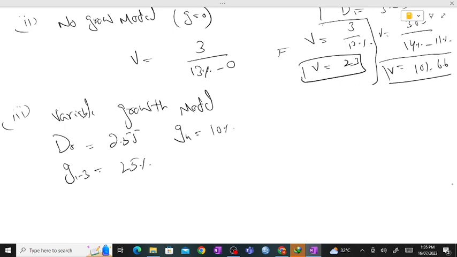That 10% is infinite. If they are saying it would be 10% for year 4, that means after 4 years that 10% would remain the same. The required rate of return they are offering is 15%. Then how can we solve this model?